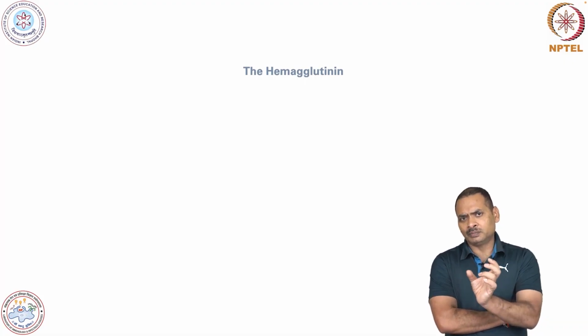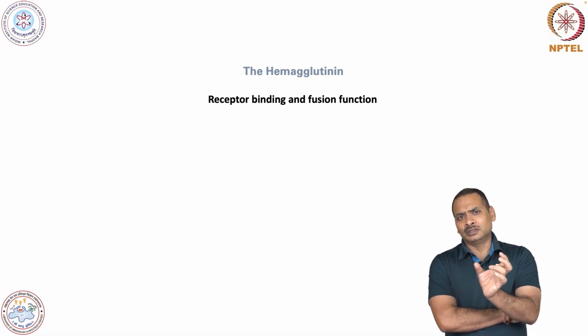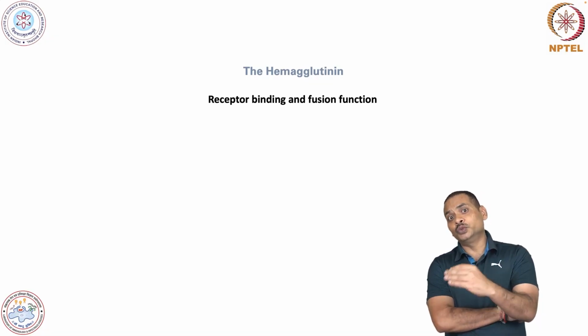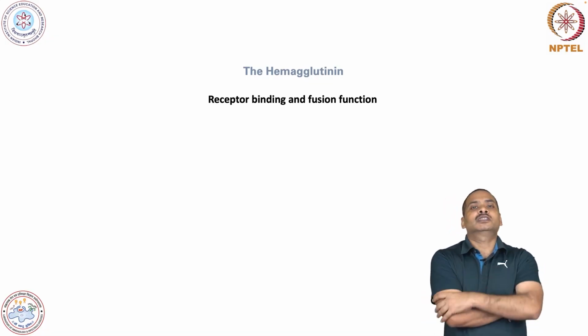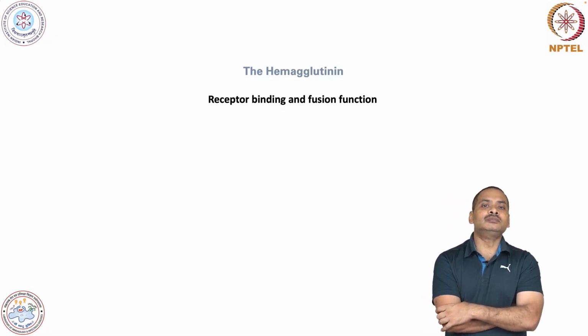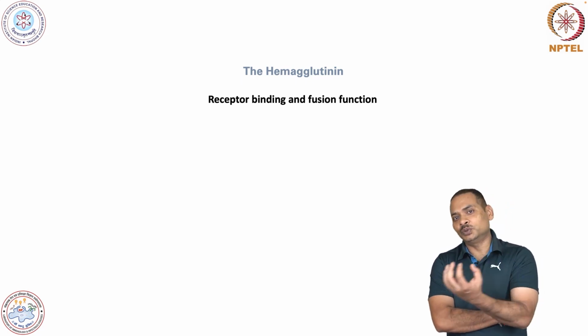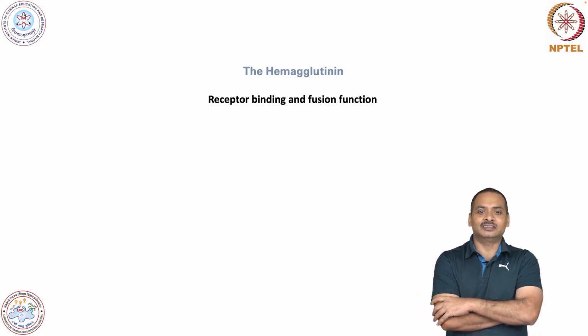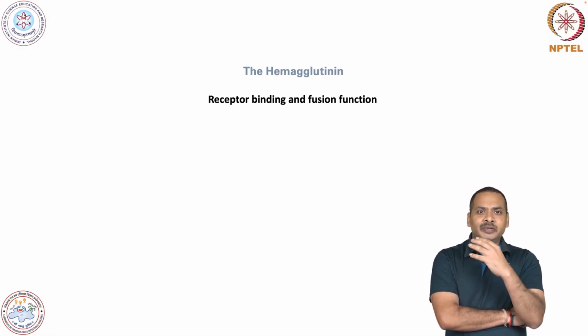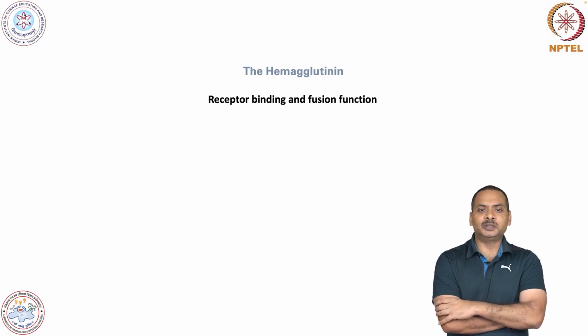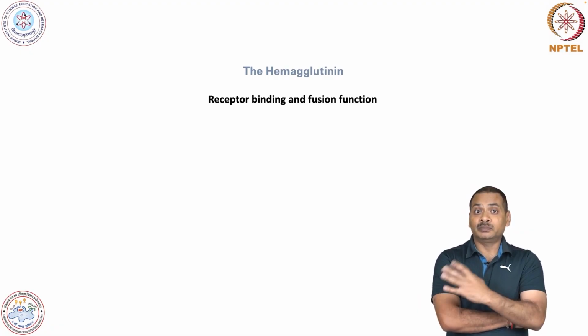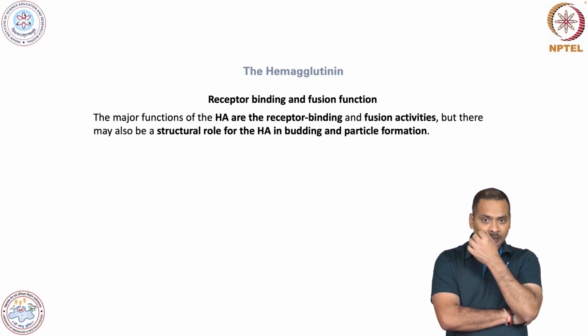This HA protein plays a very important role in receptor binding as well as membrane fusion, and then the RNPs are transported inside the cells. So, their major function is receptor binding and membrane fusion.